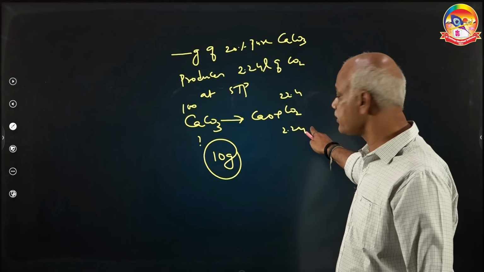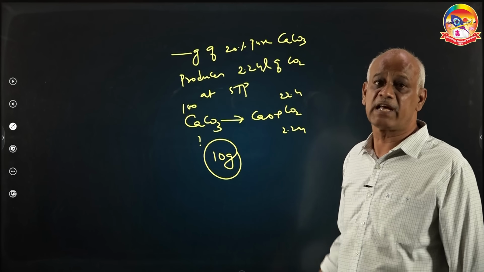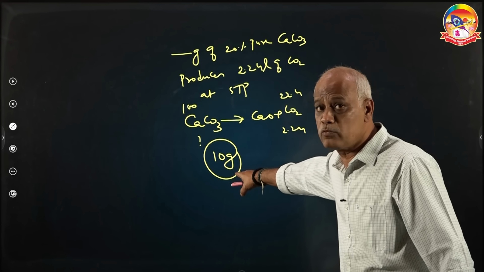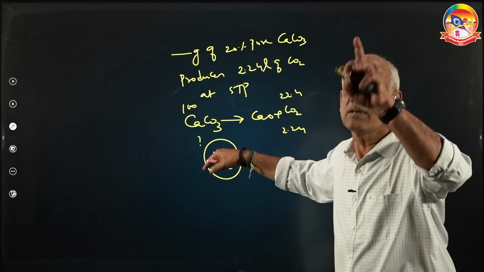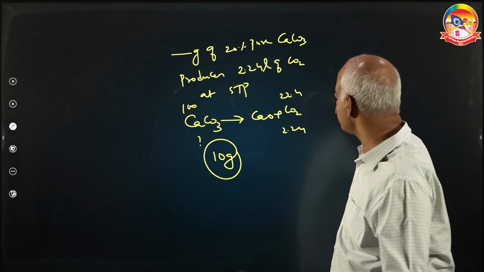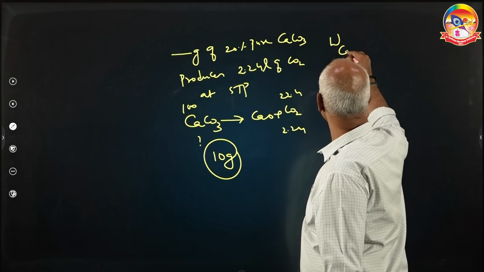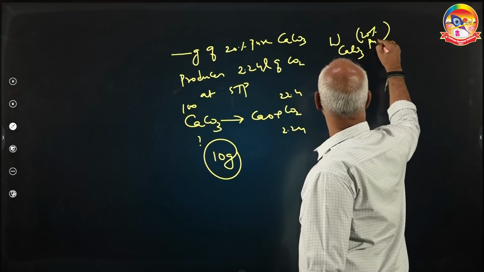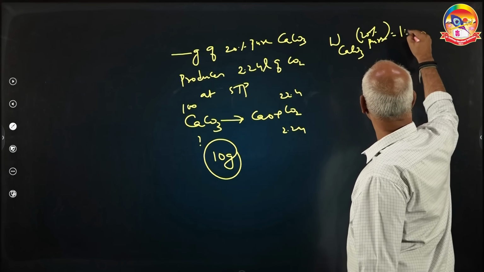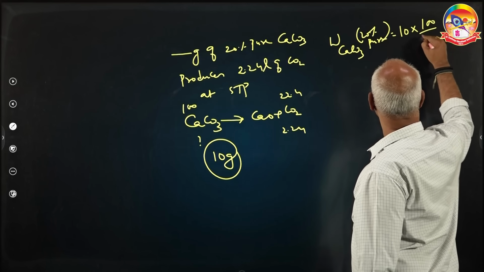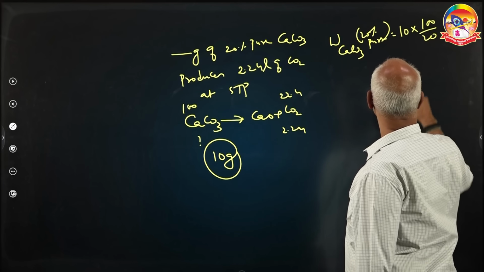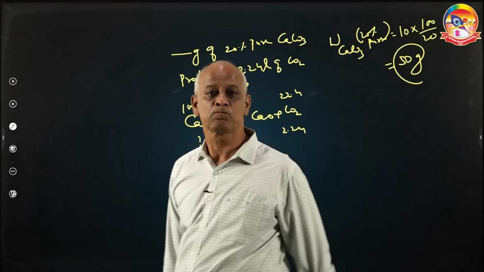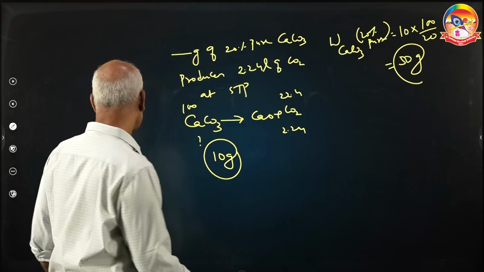We want 2.24 liters of carbon dioxide, but I am giving you a less pure substance. So do I require more than 10 grams or less than 10 grams? More than 10 grams. So the W of CaCO3 which is 20% pure required is 10 into 100 by 20, which is equal to 50 grams. That is your answer.